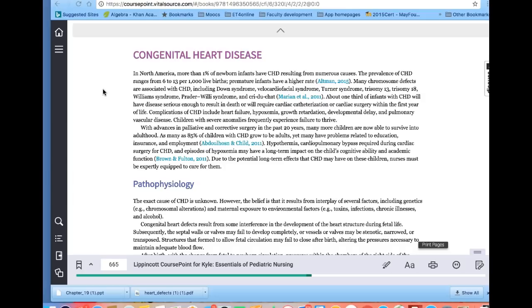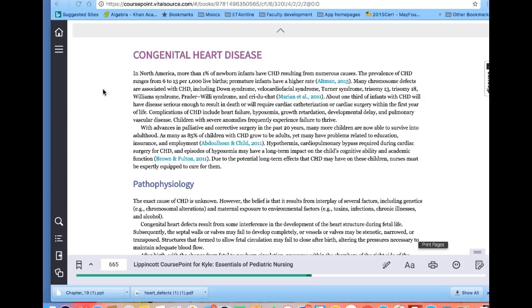You can see decreased pulses in these kids. So it's really important to check all four extremities for pulses. So those are all signs and symptoms of heart failure. In each one of these, that's what you're going to be assessing for. Okay, so that's easy. You're going to look for the same thing in all of these defects.